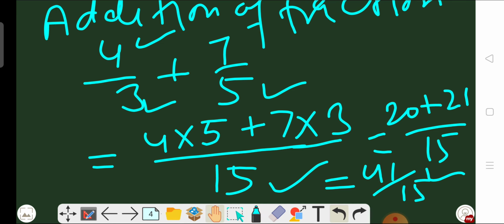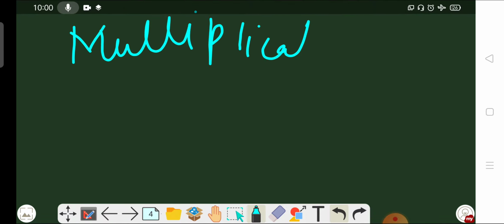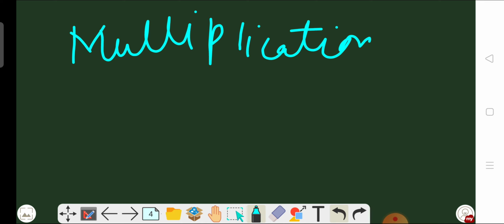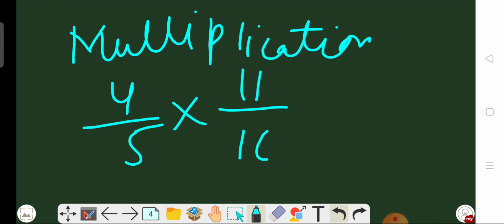Now we will learn about multiplication. Okay. Multiplication. If you have to multiply two given fractions, then you have to multiply numerator by numerator and denominator by denominator. After that, you have to check whether there is a common factor between numerator and denominator, and if there is a common factor, then you have to cancel it to make the multiplication into simplest form.